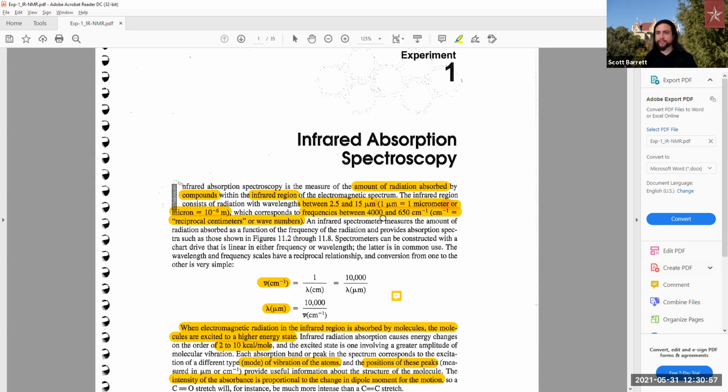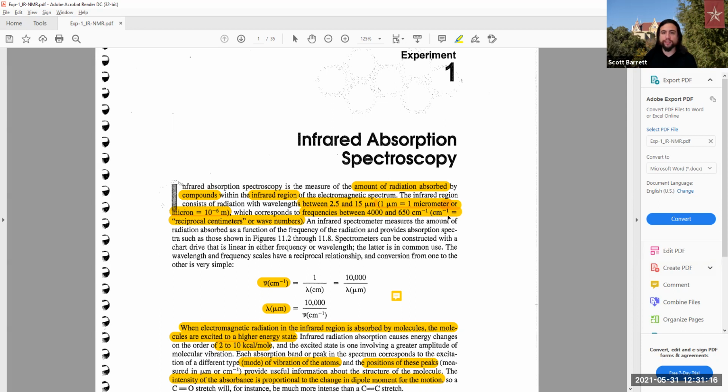On the left-hand side, it'll be a very large number, such as 4,000 in this instance. Going to the right, the number reduces down to 650. So instead of a scale from 0 to 100, just think of the scale as flipped, going between 4,000 down to 650.